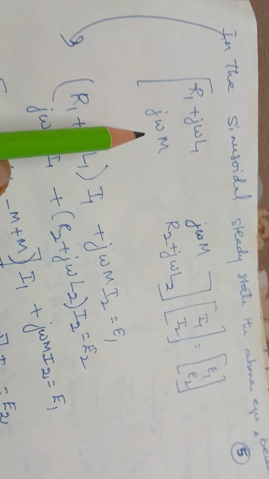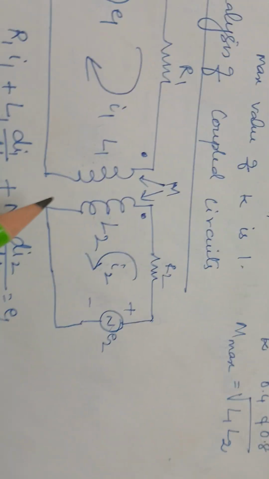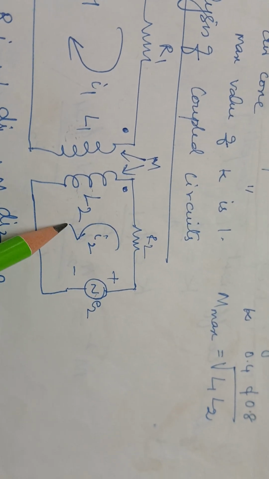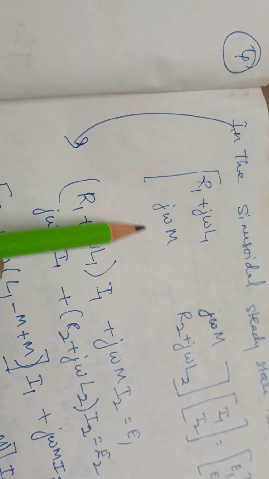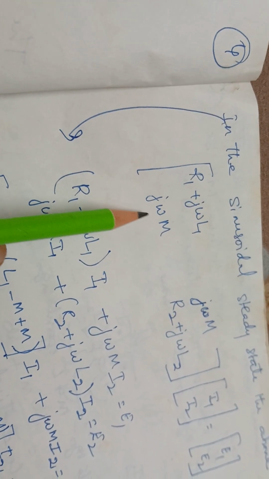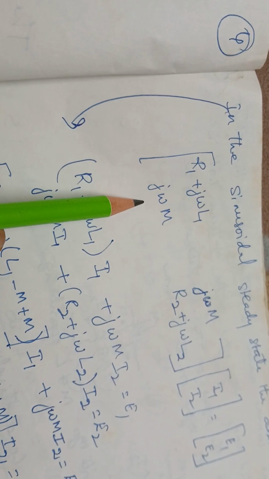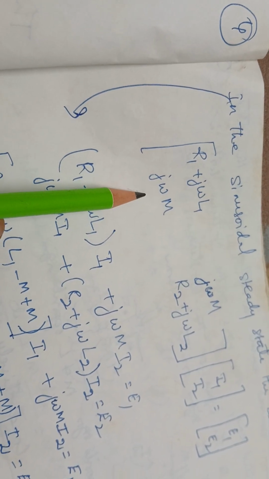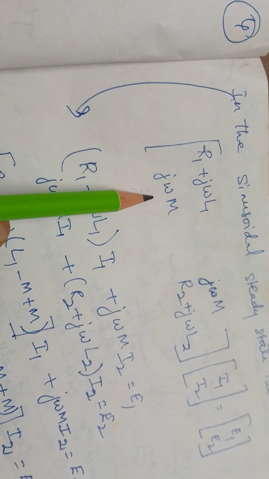While taking the second loop, we will be representing it as Z21. 21 means second loop with the first loop.